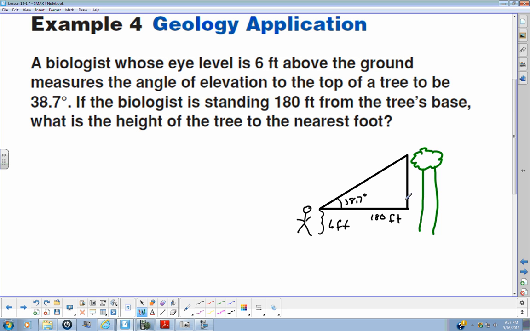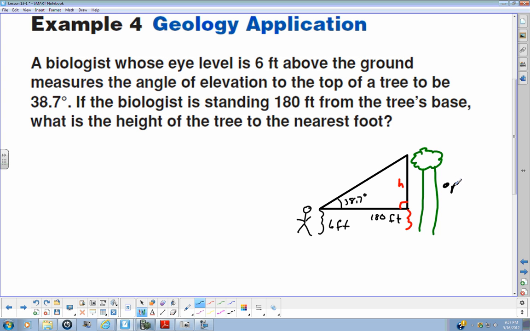So in this situation, we have to find this value here for the height of the tree. Here's our right angle. And then we're going to have to add this additional 6 feet here to represent the height of the person. So in this case, we're trying to find h, which is the opposite side of our right triangle.